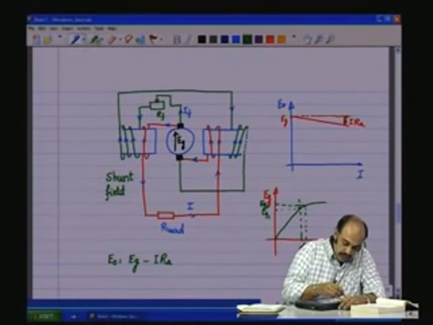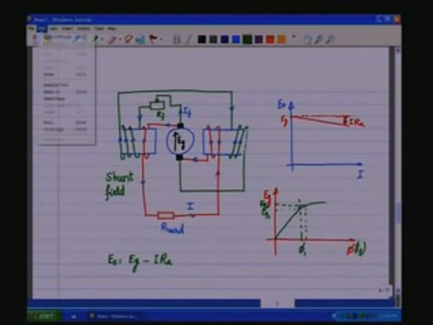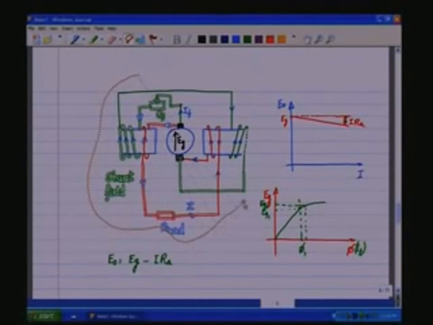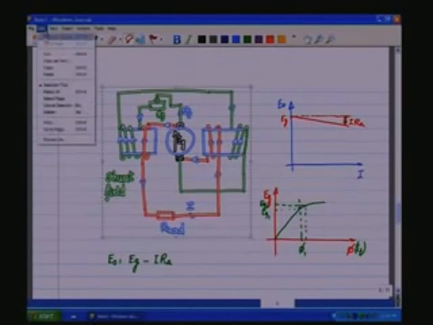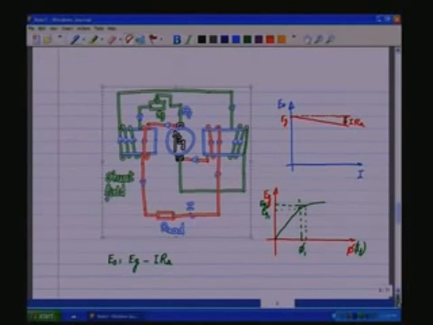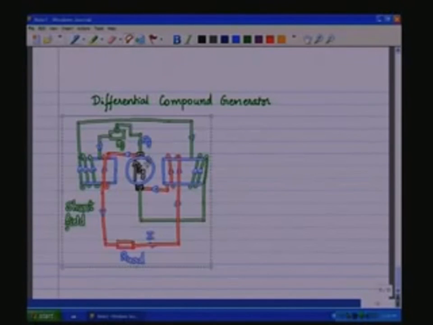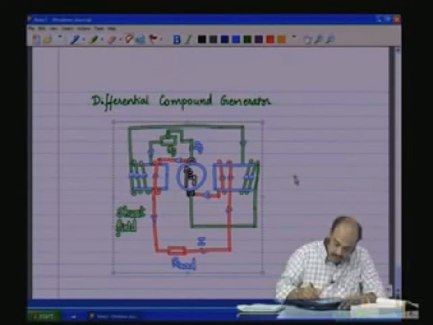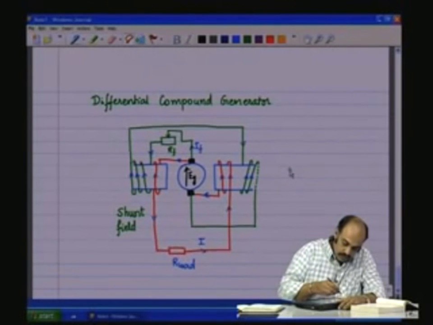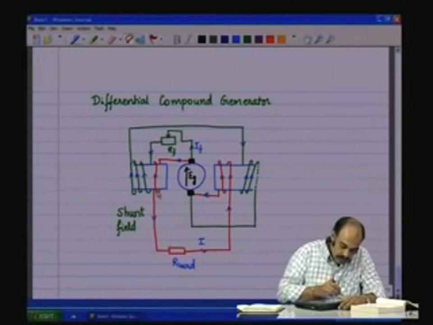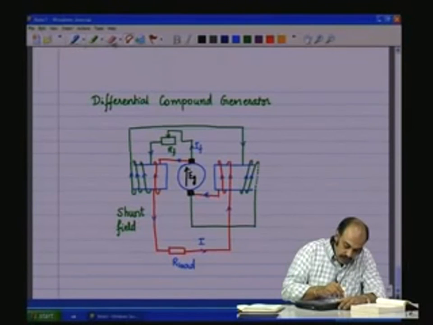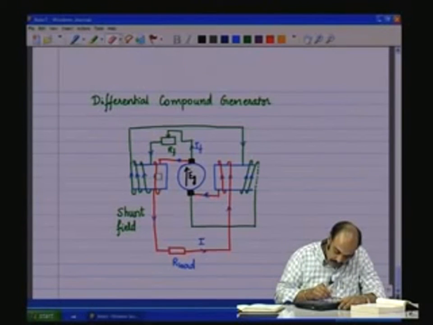So, it has a sense which is reversed. So, let me take this portion for explaining. Copy, paste. So, in the differential compound, this winding of the series field is reversed in sense.